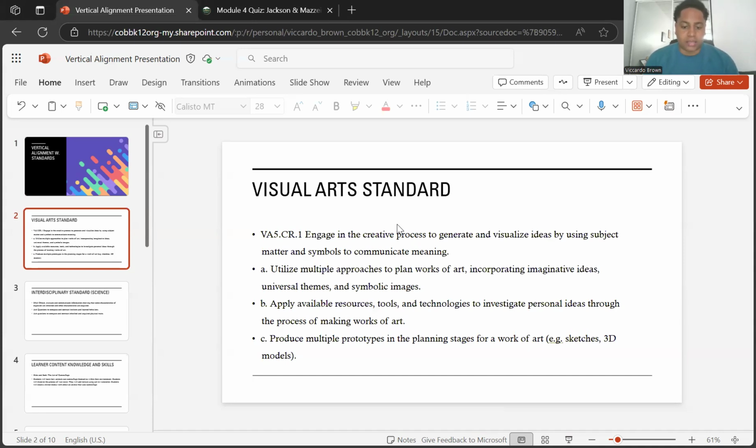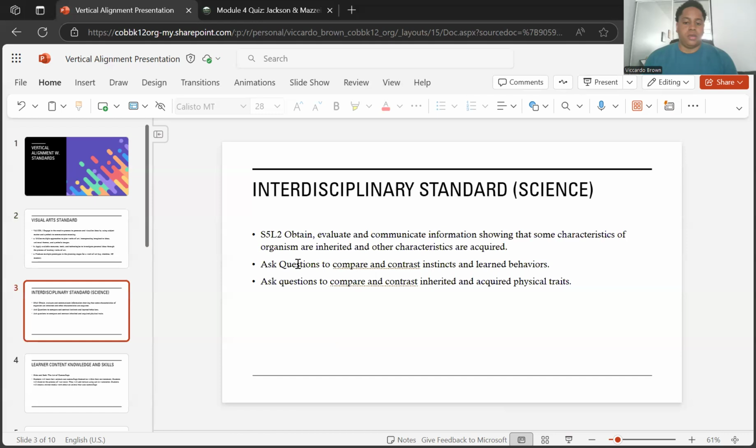It also applies available resources, tools, and technologies to investigate personal ideas through the process of making works of art. And lastly, produce multiple prototypes in the planning stages for a work of art. This could be sketches, 3D models, etc.